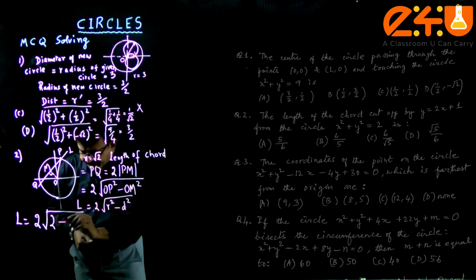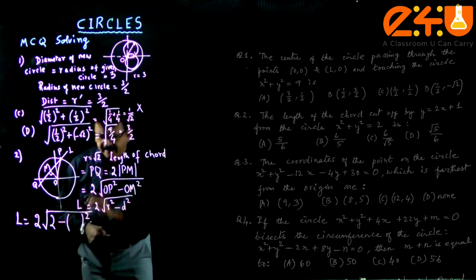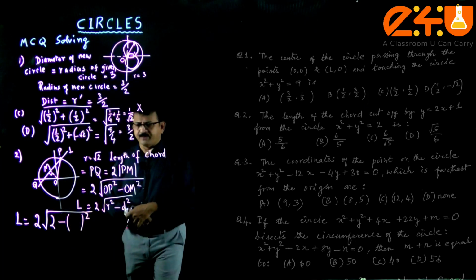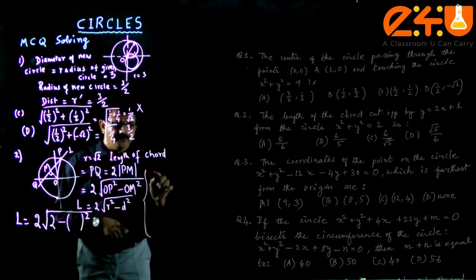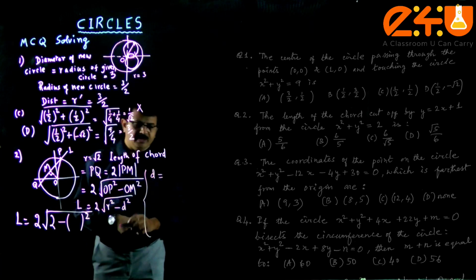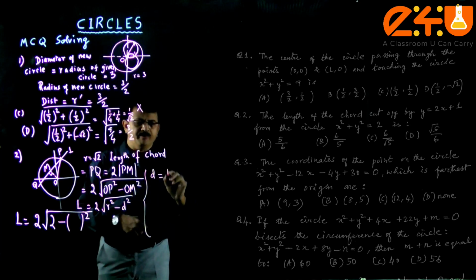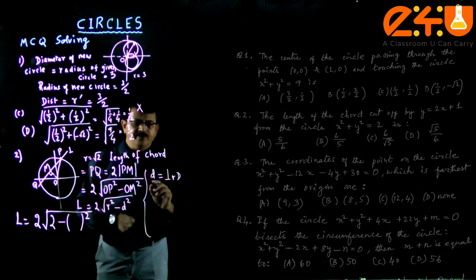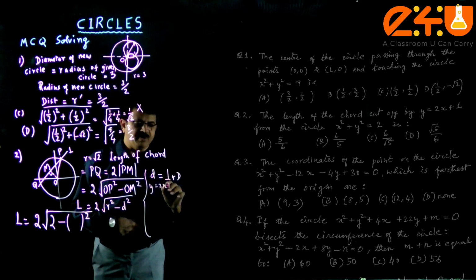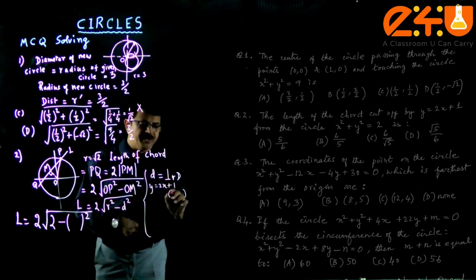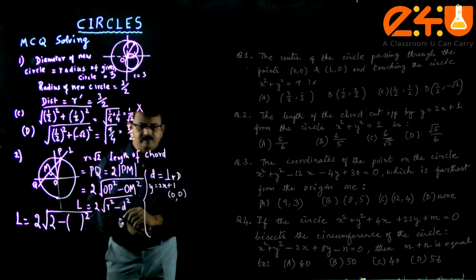Then minus, what about the d? How can you find d? I have given a blank space. So we would like to calculate how d is found. D is found from the perpendicular distance formula of the line y equal to 2x plus 1 from the origin 0, 0.